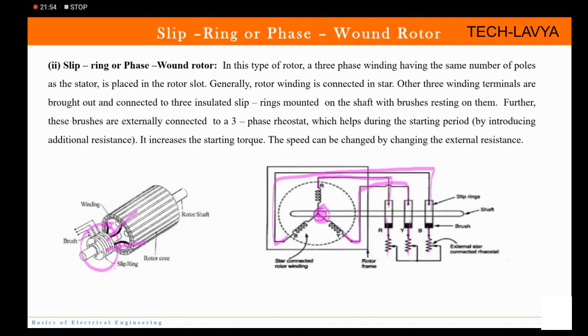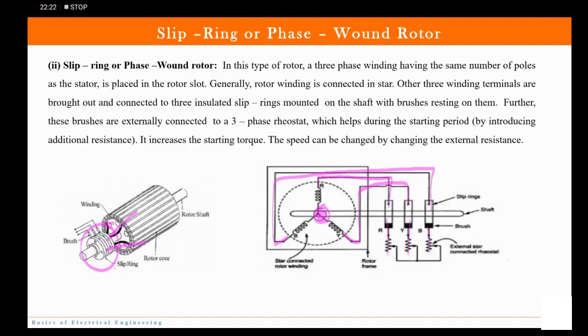But for several advantages, squirrel cage induction motor is preferred. You can see here that speed can be changed if you use slip ring rotor, right? But the motor which uses squirrel cage rotor is called squirrel cage motor. For several reasons squirrel cage induction motor is preferred.